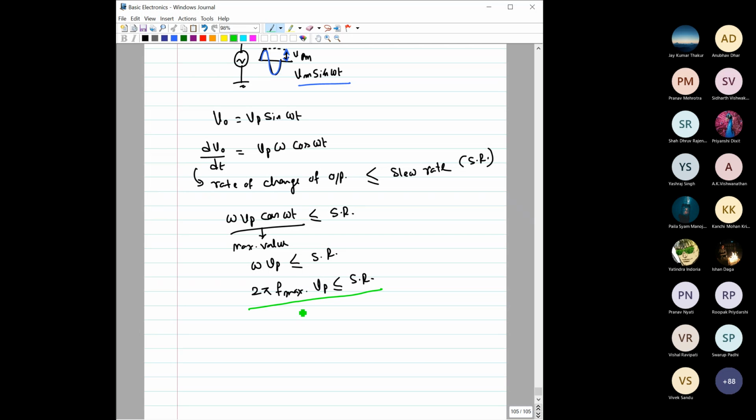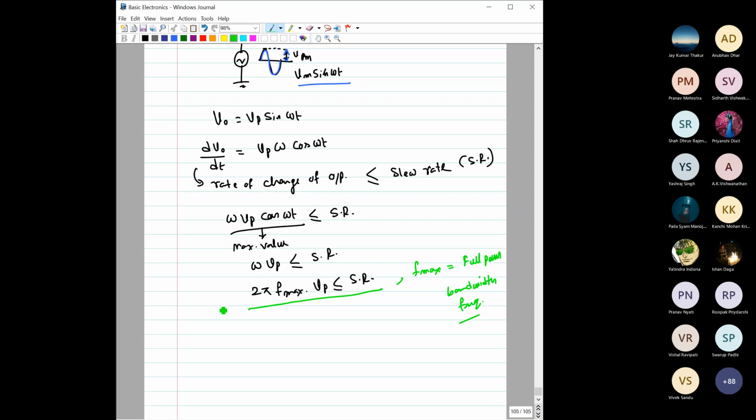This frequency is the maximum frequency, f max, and it is called the full power bandwidth frequency. It denotes the maximum frequency limited by the slew rate. It is the maximum frequency of the output signal, or of the input signal, because the frequency will not change between input and output.